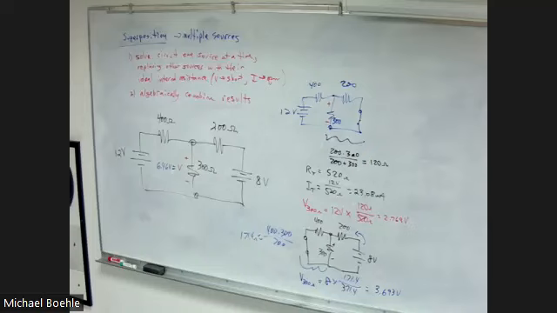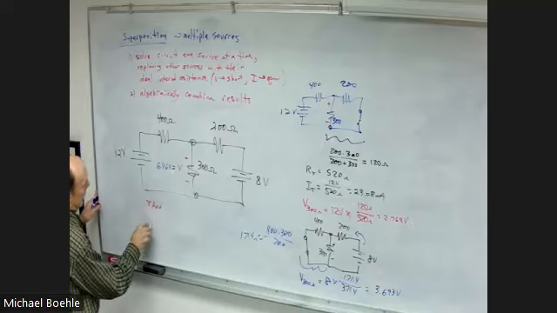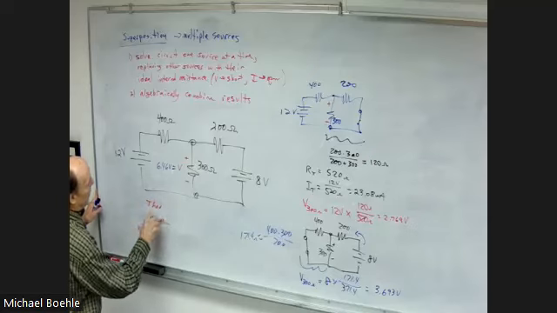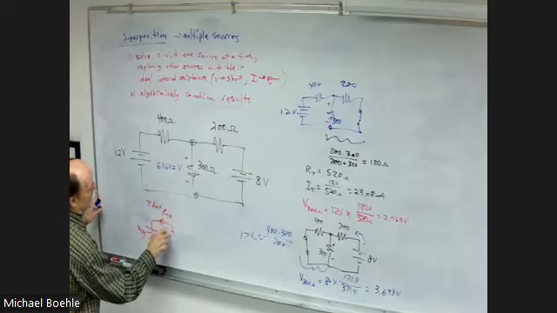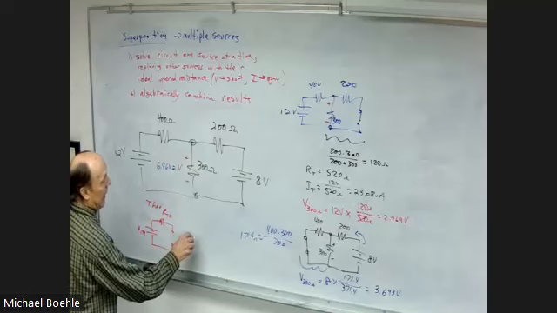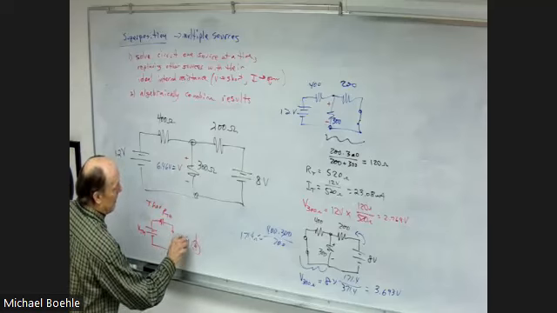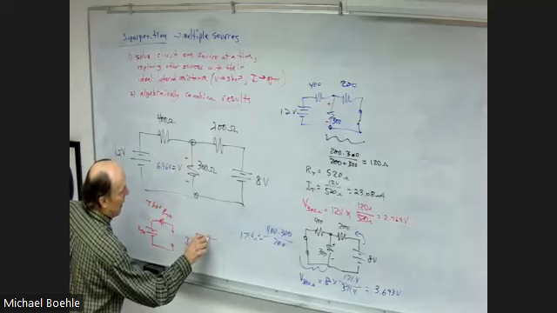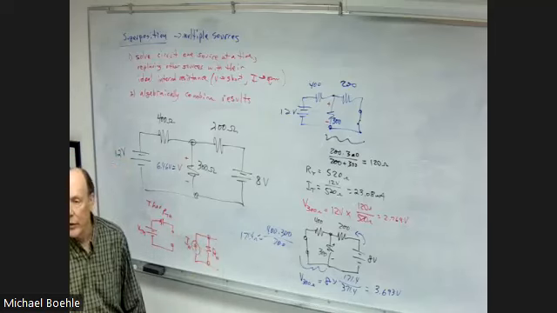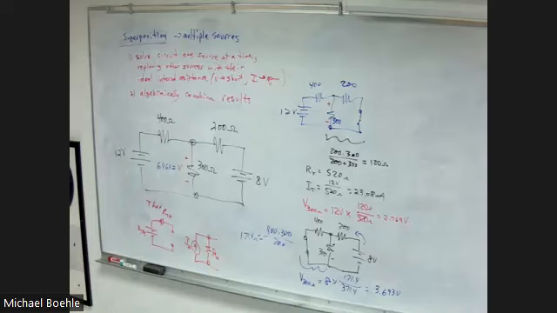For the Thevenin circuit, we're going to get a Thevenin voltage in series with a Thevenin resistance. If I Nortonize, I get a Norton current in parallel with a Norton resistance. Those are a real voltage source and a real current source.